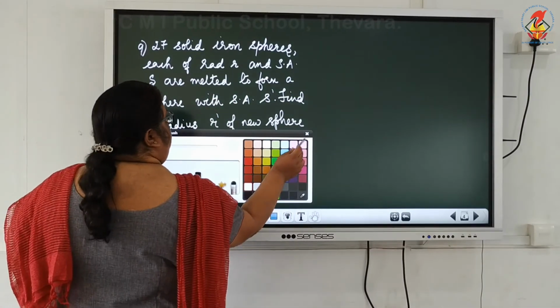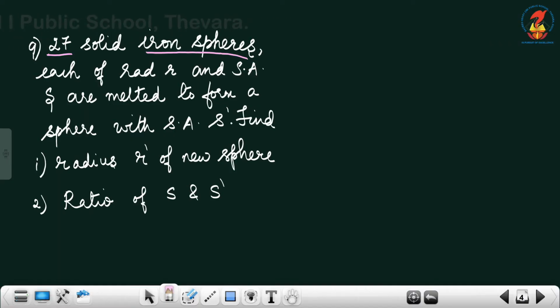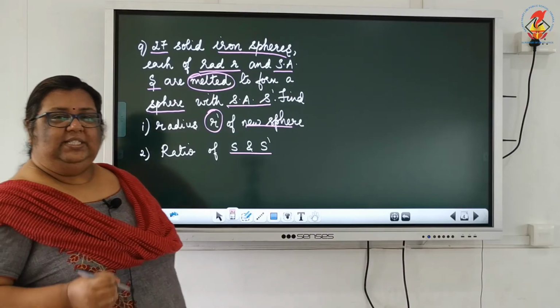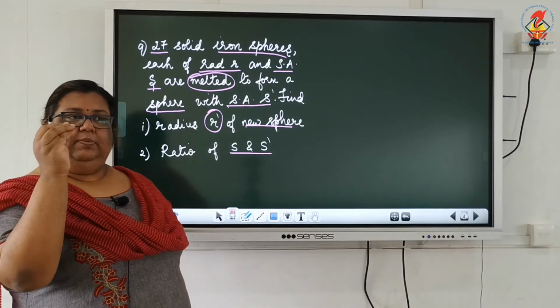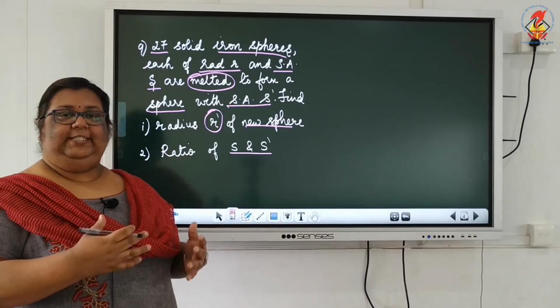27 iron spheres, each of radius r and surface area s, are melted to form a sphere with surface area s dash. Find the radius r dash of the new sphere and the ratio of s and s dash. So 27 small spheres were melted to form a big sphere.